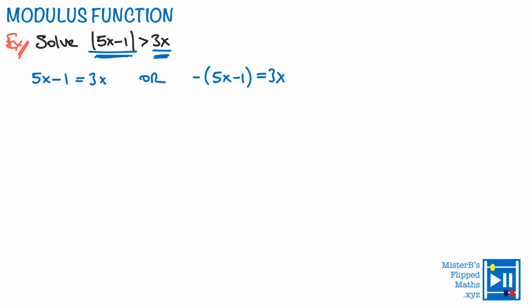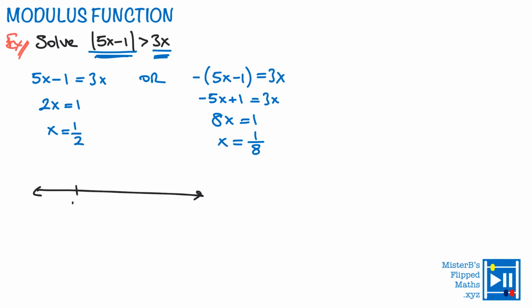So the results are x equals 1 over 2 or x equals 1 over 8. I have these two solutions. Now, we can, instead of drawing the graph, visualize this on a number line. We can say this is 1 over 8, which is a small value. This is 1 over 2.